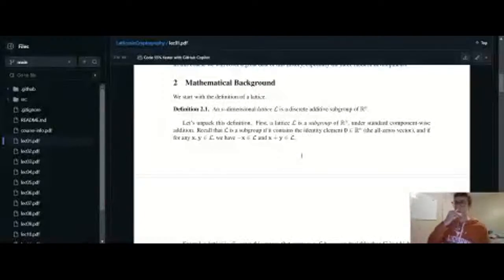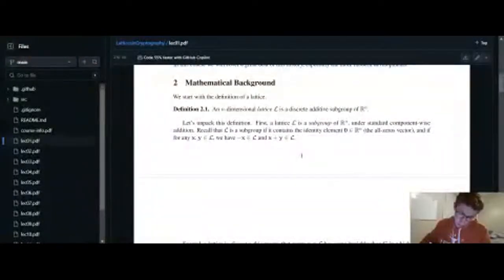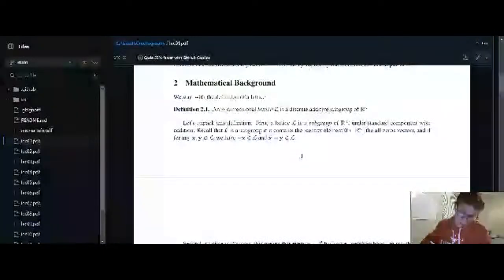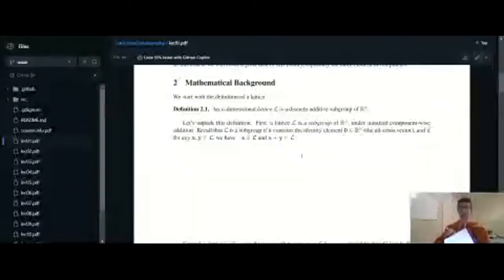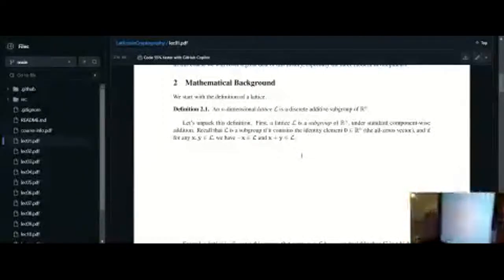Okay, that makes sense. I'm thinking of a lattice almost like a square, but a little bit more perpendicular. I don't know. I'm considering something like this. If this is my lattice, you guys can't really see. Oh, there we go. You see that?